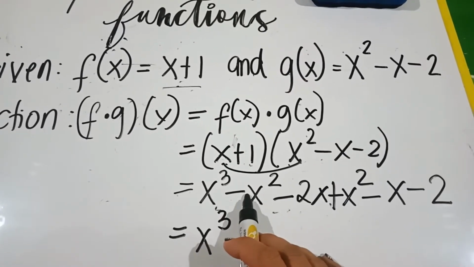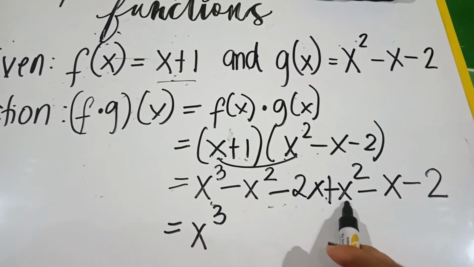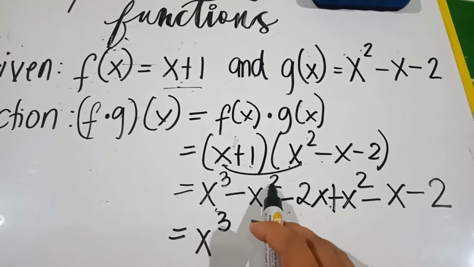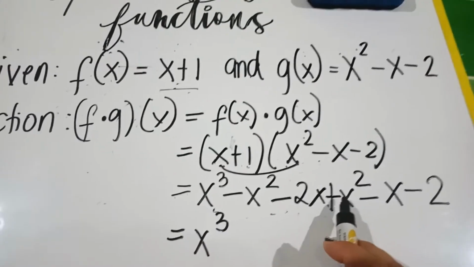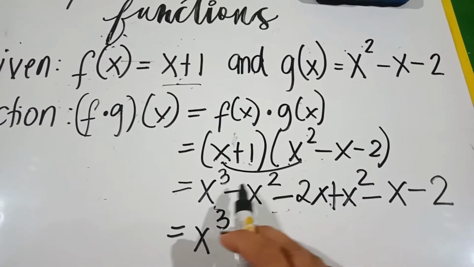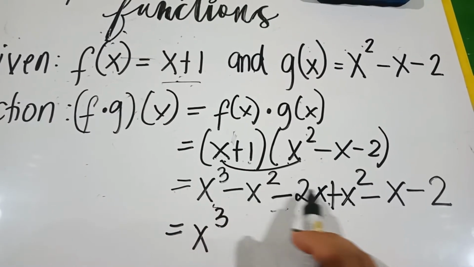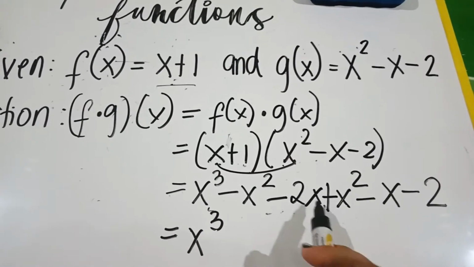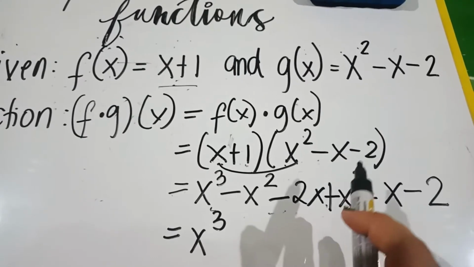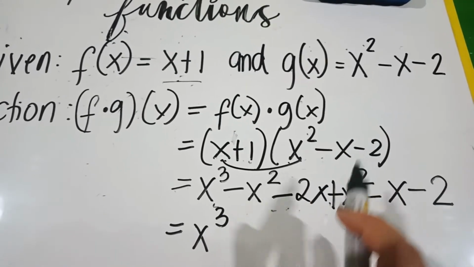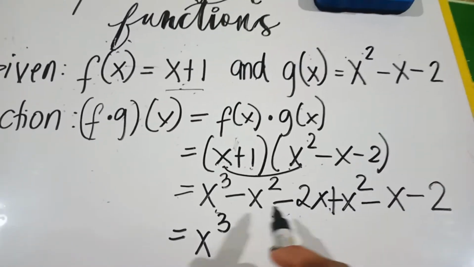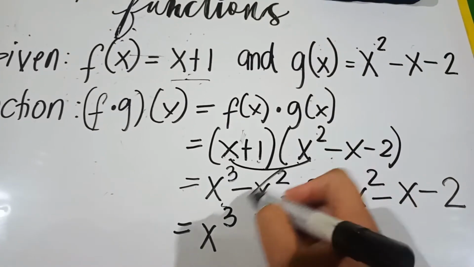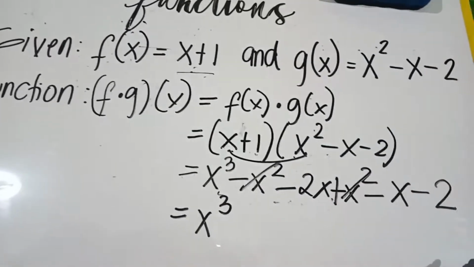So, we have x squared here and another x squared. Negative x squared plus x squared. So, mag-a-add daw tayo ng unlike terms. This is negative, this is positive. So, proceed to subtraction. Any number subtracted by the same number is equal to 0. So, dahil pareho silang dalawa, therefore, cancel out po yan dahil magiging 0.